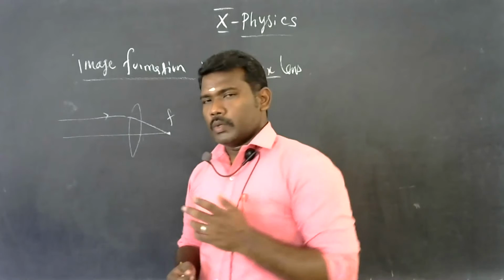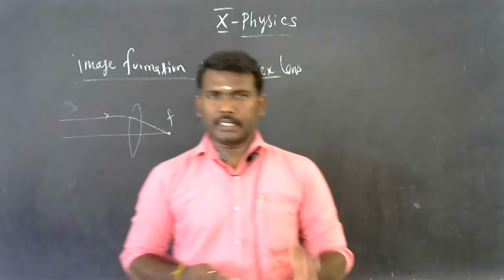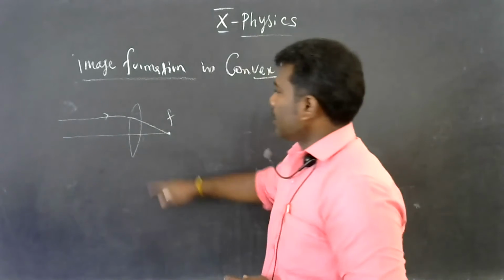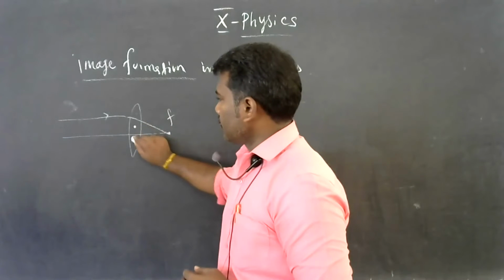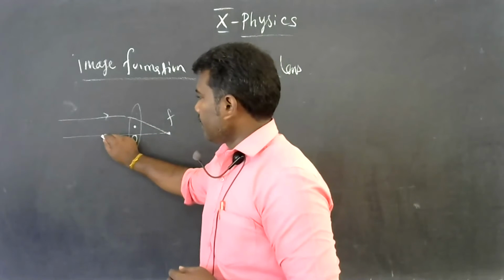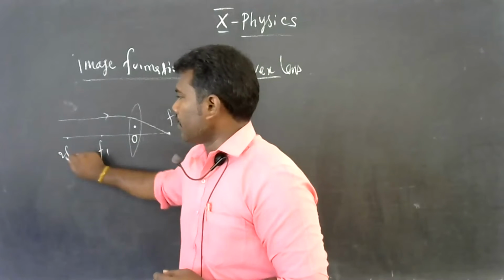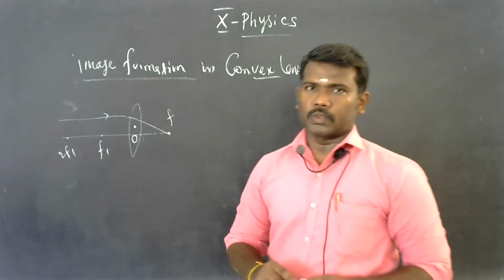Whenever we use a mirror, we use the notation F, C and P. But for a lens, we use different notation. This one is O, and here we mark the symbols F1 and 2F1, because in this lens we have two spherical surfaces.